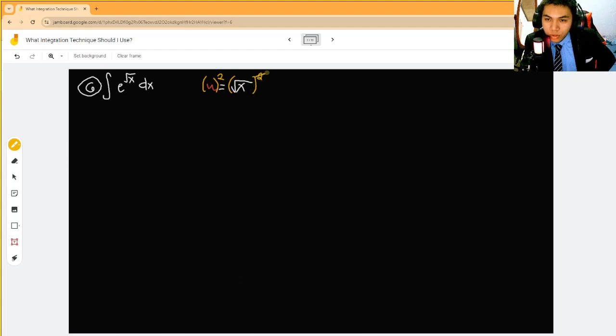And the root will cancel. So that means that u squared is the same as x. And when you differentiate that, our dx would be 2u du.